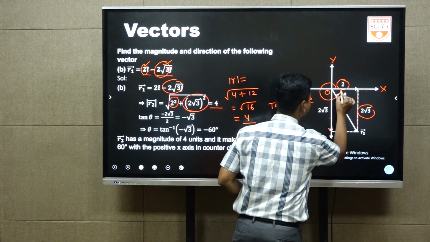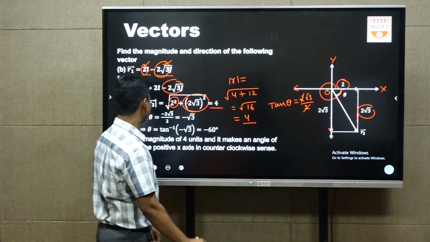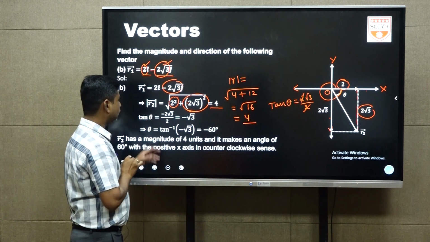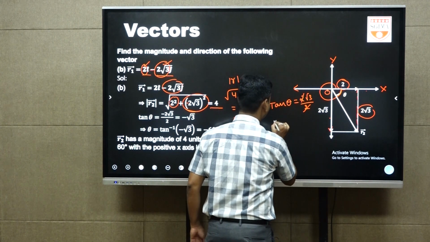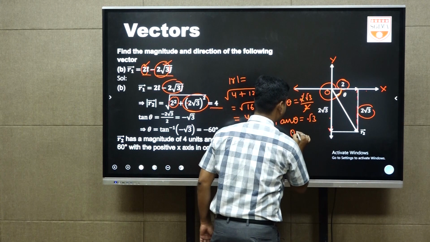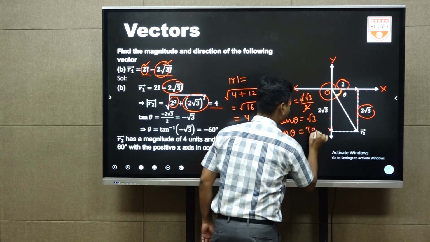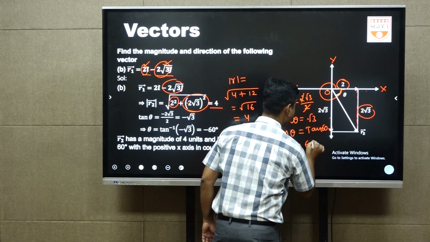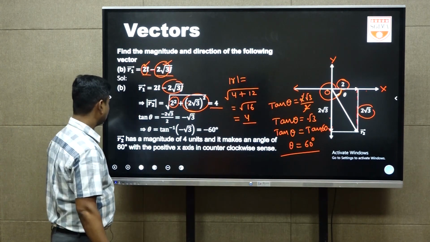Instead of that, the angle theta is opposite by adjacent, you can also write 2 root 3 by 2 directly. Taking just the magnitude, 2 cancels and we get 3. Then tan theta equals root 3, which means tan 60 degrees. Then the value of theta equals 60 degrees. That is the value of theta.